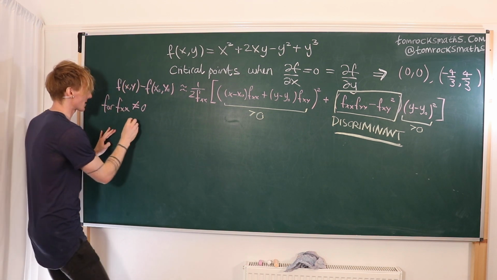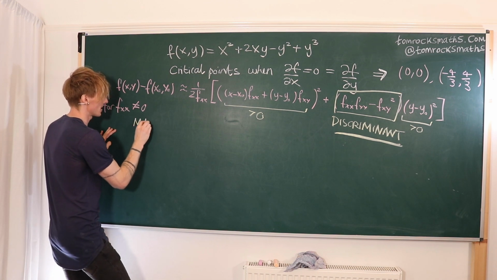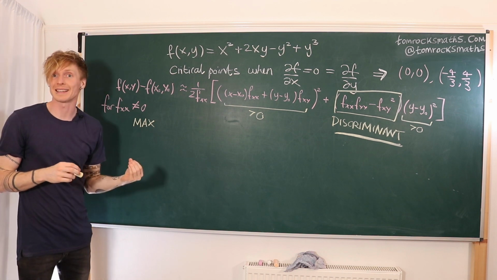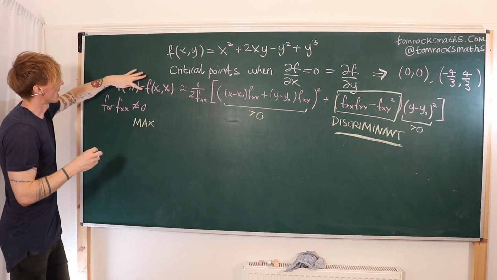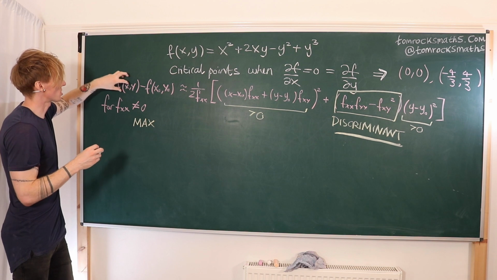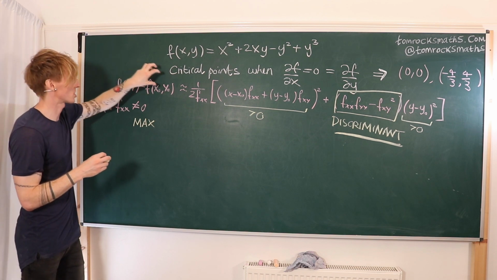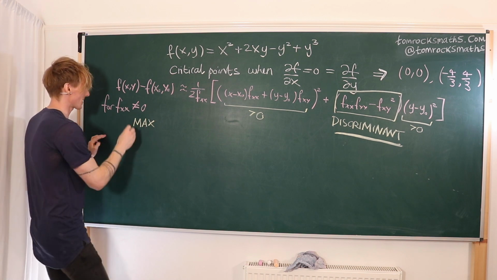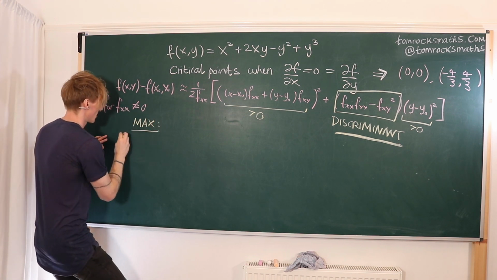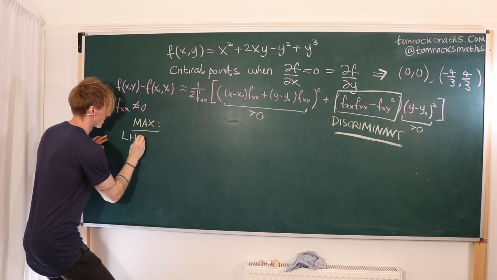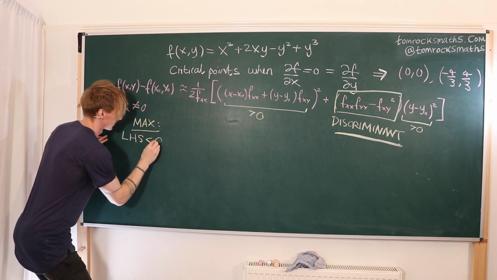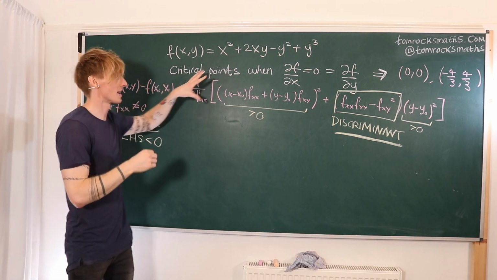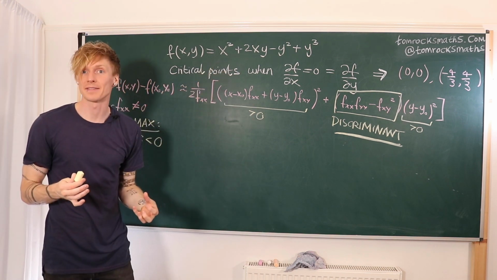So for a maximum, this left-hand side of my equation is going to be negative because I have a function here which is smaller. Nearby points are always smaller than the critical point that's the max. So for a maximum, the left-hand side of my equation must be negative.